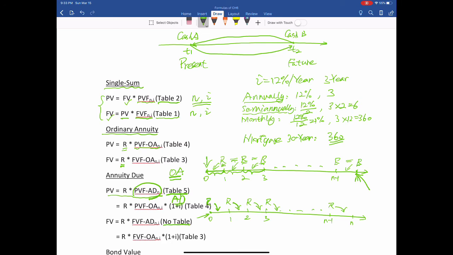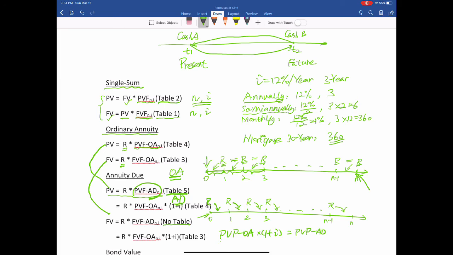Why? Because there's a relation between the present value factor of ordinary annuity and that of annuity due. The present value factor of ordinary annuity, if we multiply by 1 plus I, equals the present value factor of annuity due.